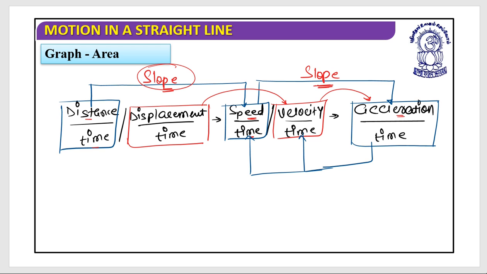Suppose you are given a graph of speed versus time and you require to find out the distance. What should you do? Should you find out the slope or should you find out the area? Think in your mind and tell me.